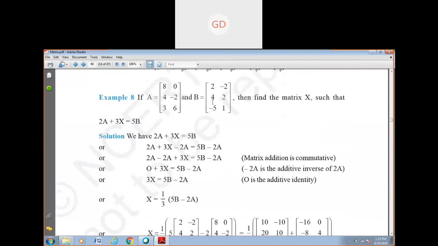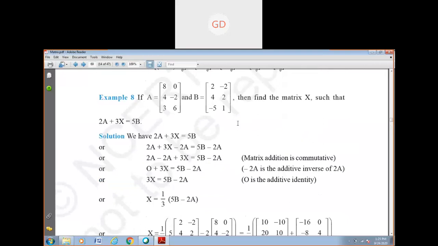And we need to find, as per the example statement, twice of A plus thrice of X is equal to 5 of B. This relation is given.